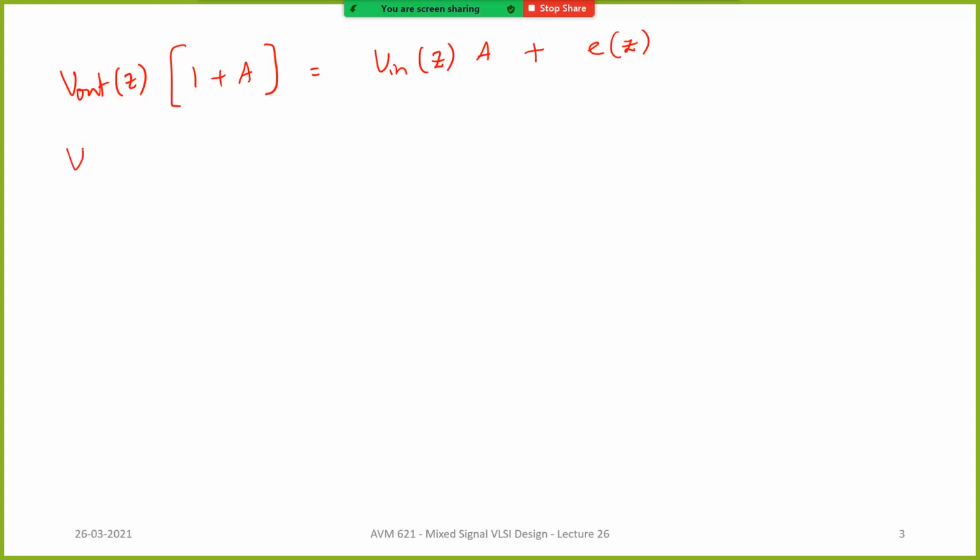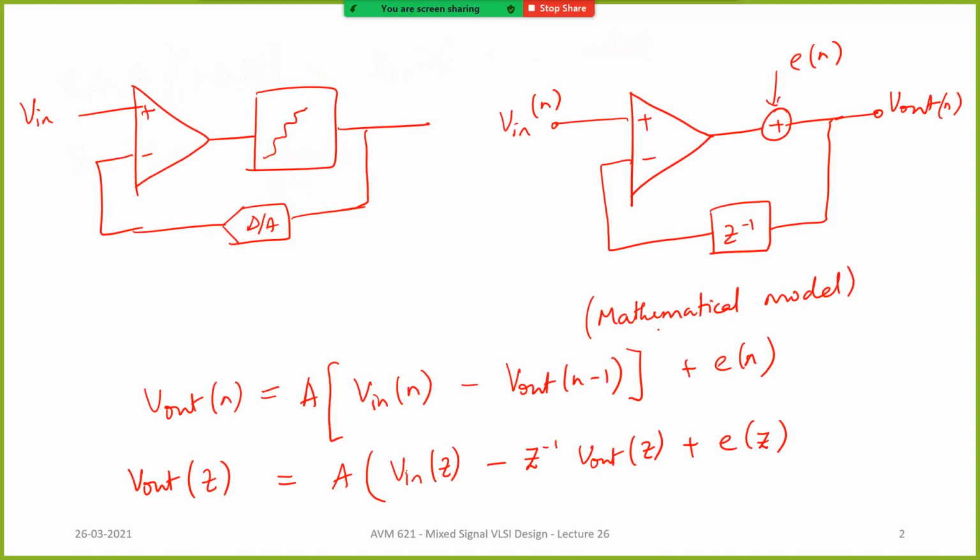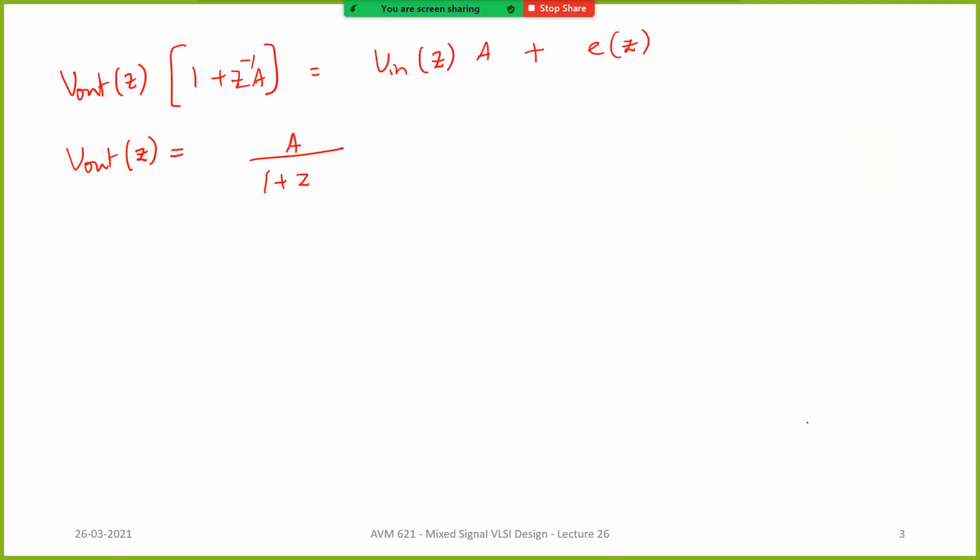Now V out of Z can be written as, where did I forget the Z? It is Z inverse into A. So you have Z inverse into A into V in of Z, plus 1 by 1 plus Z inverse into A times E of Z.